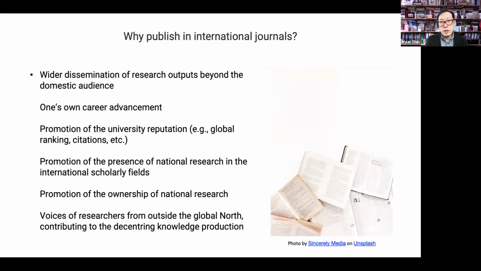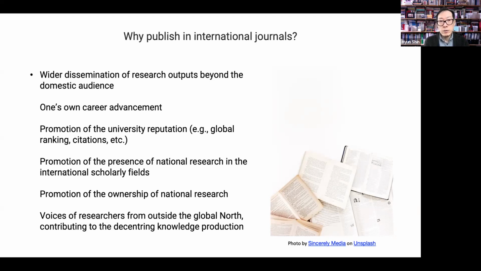Now, a few reminders in terms of why we publish. It will be meaningful to publish in international journals. One obvious reason is wider dissemination of research output beyond the domestic audience. Also, it's important for one's career advancement, especially as the academic world has come to be quite global.